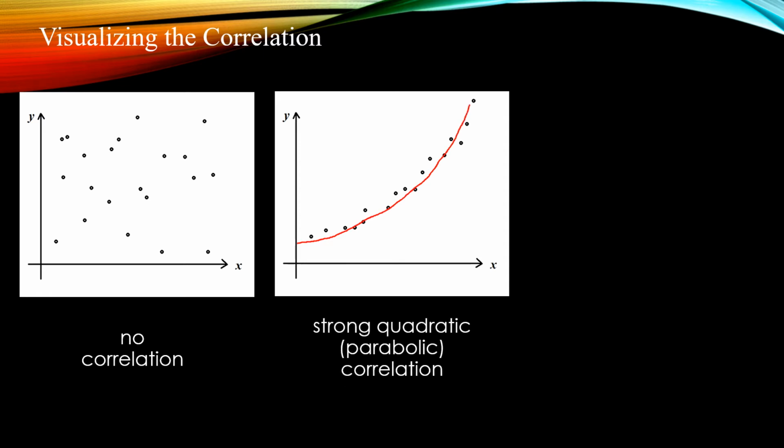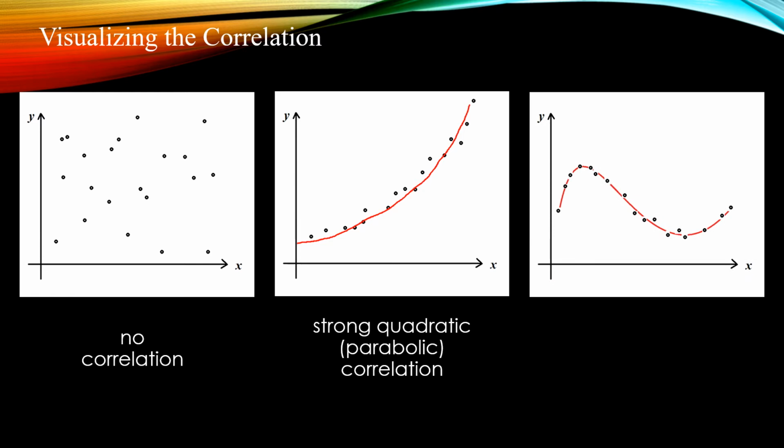And so that would be a strong quadratic or parabolic correlation. And if we had data points that were scattered around some sort of sinusoidal variation, where we have data points that vary periodically in the x and y pairings, that would be a strong sinusoidal correlation.